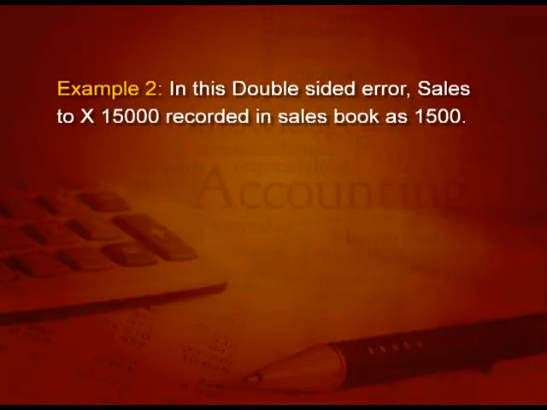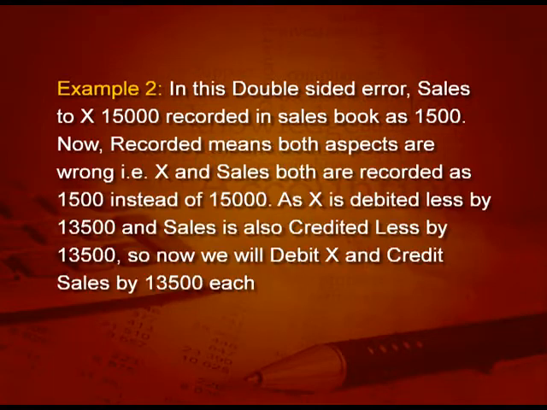Sales to X 15,000 recorded in the sale book as 1500. Now, recorded means recorded in the original book, means both the aspects are wrong, that is, X and sales both are 1500 instead of 15,000. Now, the right entry is debit X, credit sale 15,000.